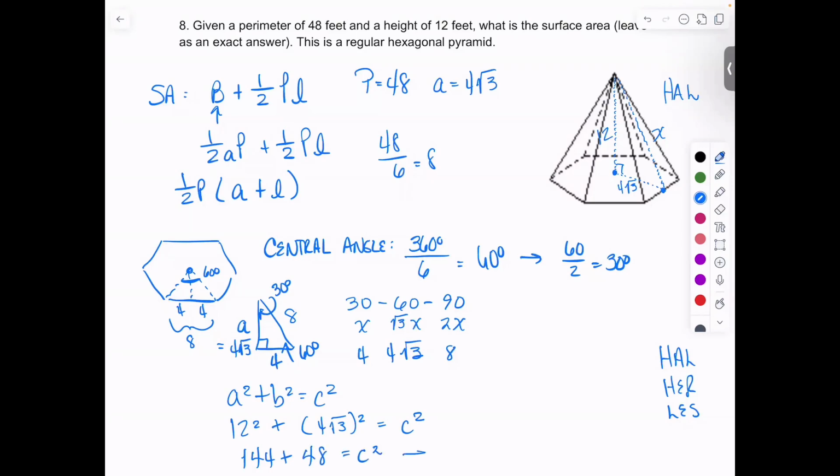I wonder what kind of result we'll get there. 144 plus 48, that's 192. And I imagine, oh, is that a perfect square? I don't think that is. I think 196 is a perfect square.